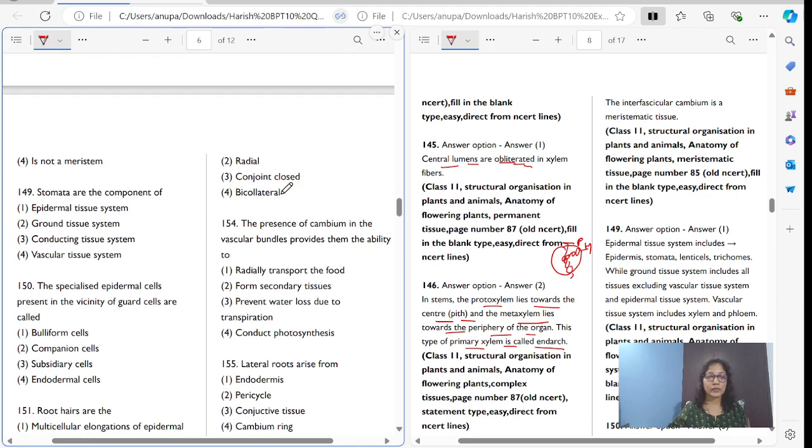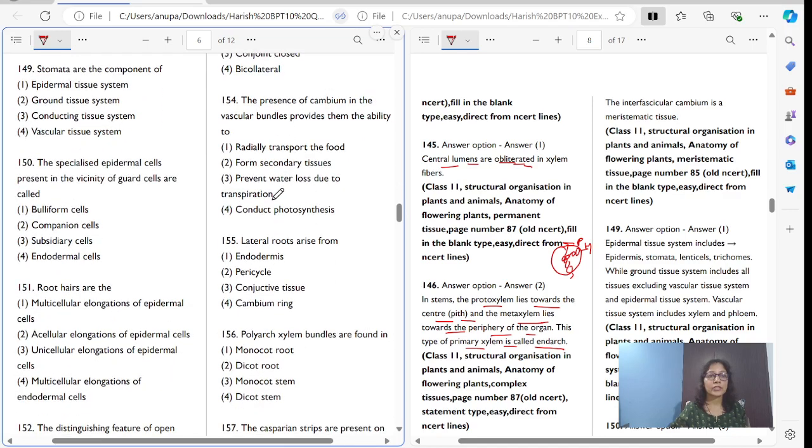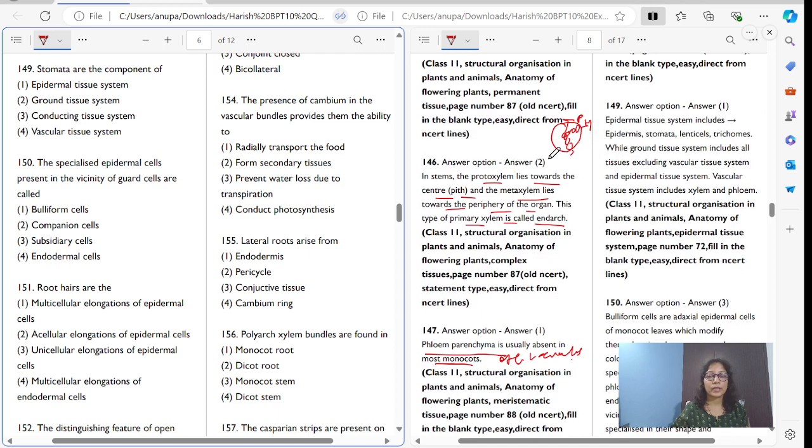Now, the next question is question number 149. Stomata are the components of. We know that stomata are present in the epidermis. And the options are epidermal tissue system, ground tissue system, conductive tissue system, vascular tissue system.